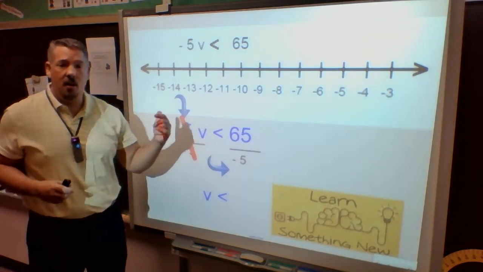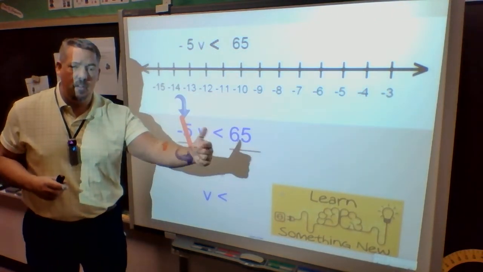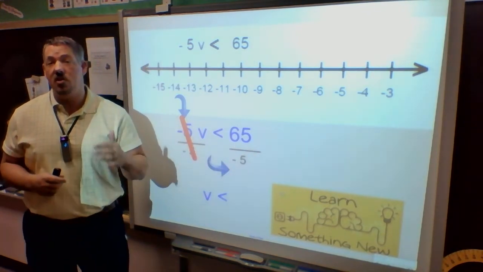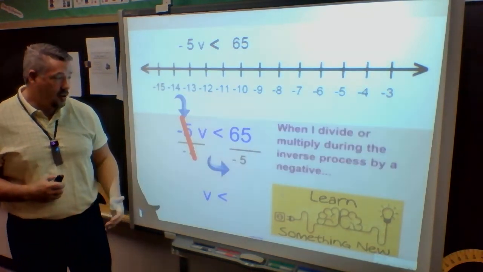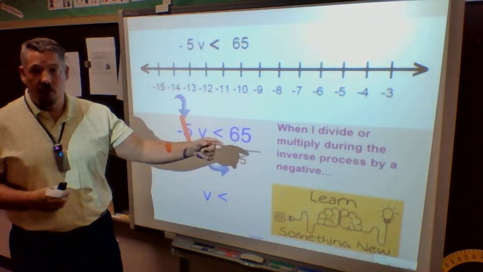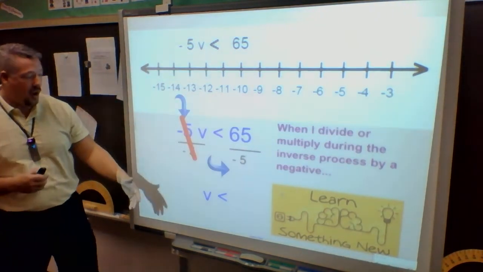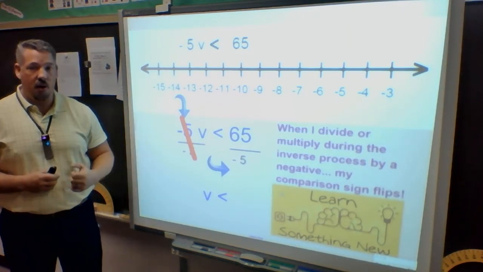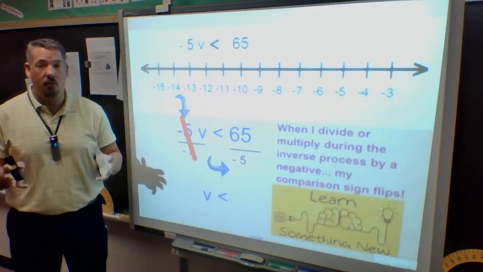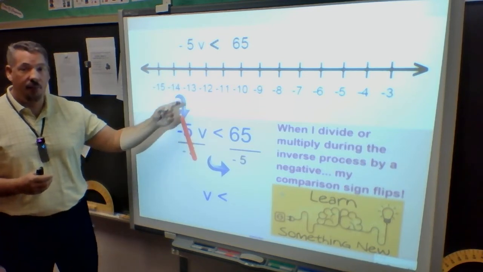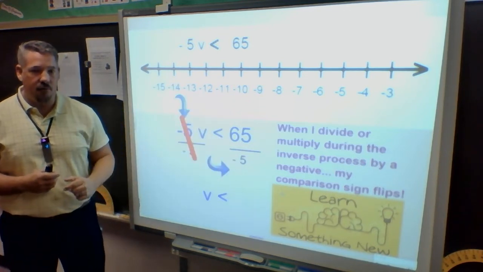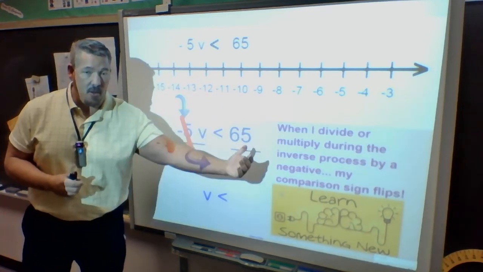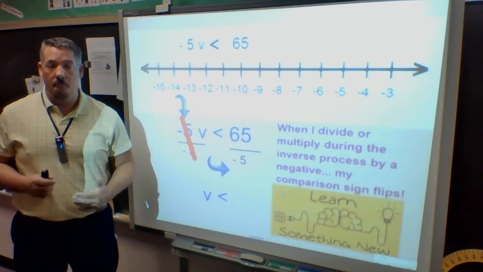When in an inequality, I'm going to divide or multiply on the opposite side by a negative, that causes a change. The change, when I divide or multiply that sign, that opposite side, it tells me to flip, to change my comparison sign. It's the only time I do. Here I divided by negative 5, so on the other side I had to divide by negative 5. If I was multiplying by a negative 5, and over here then multiplying by a negative 5, it's the same thing.